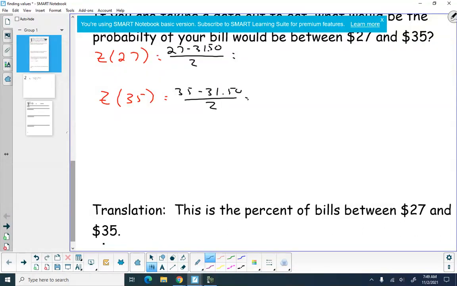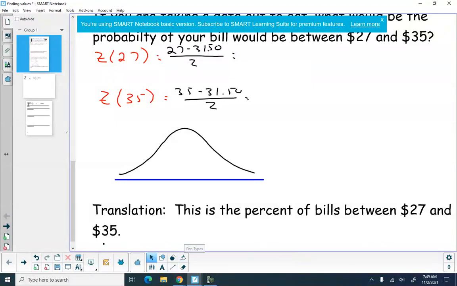You should have one Z value that's greater than 0, one Z value that's less than 0. You should have one positive, one negative. So you have one value that's greater than the mean, one value that's less than the mean.